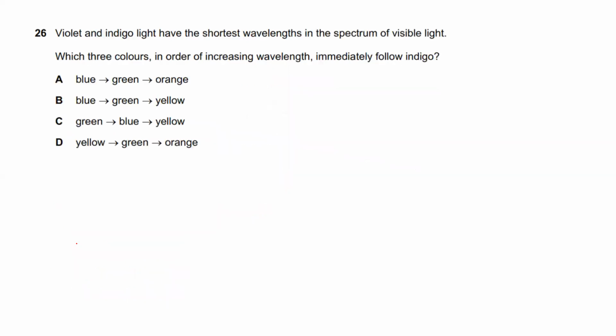Next question, question 26. It says violet and indigo light have the smallest wavelength in the spectrum of light. Which three colors, in order of increasing wavelength, immediately follow indigo? So remember the visible light spectrum: violet, indigo, blue, green, yellow, orange, red. Violet is approximately 400 nanometers, and red is around 700 nanometers.